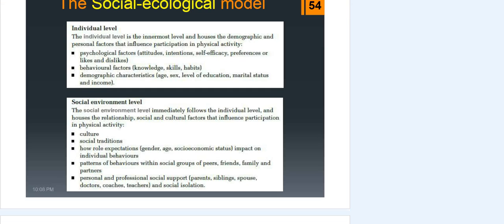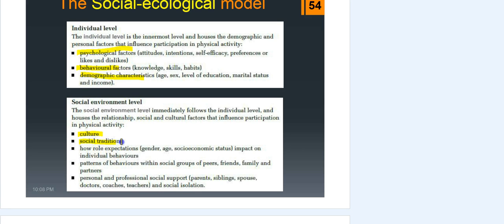From the textbook, we get a slightly more in-depth description of individual. So here it's talking about psychological, behavioural again, demographics, so nothing new to us.